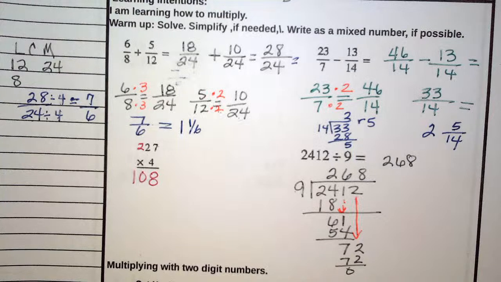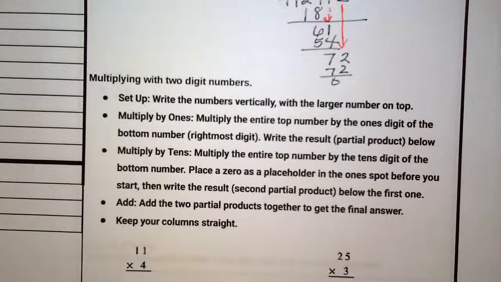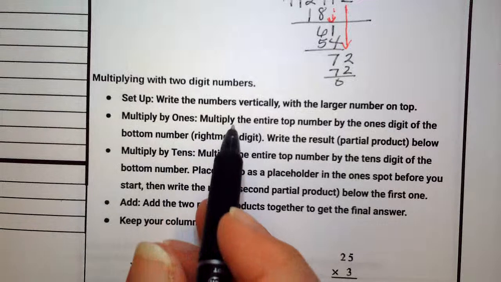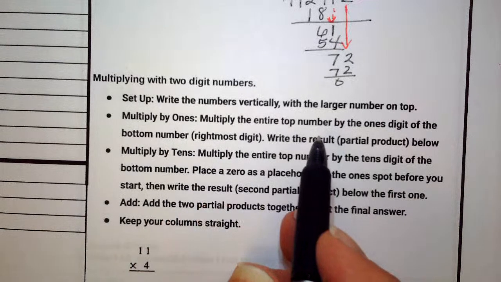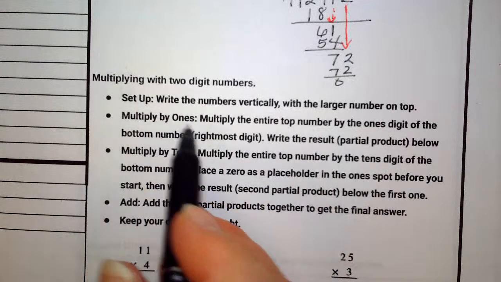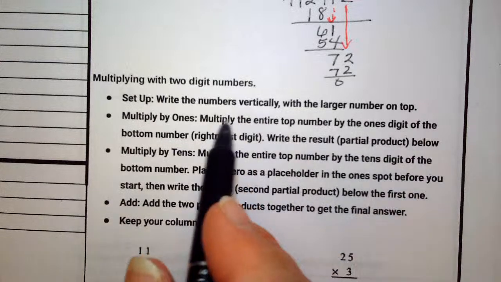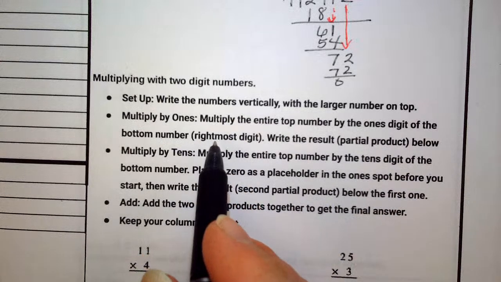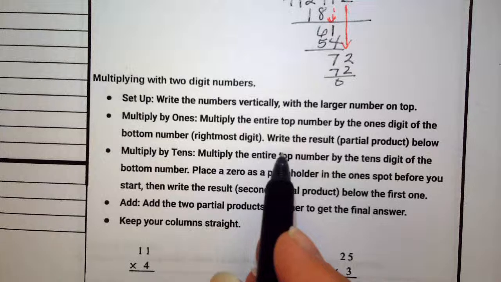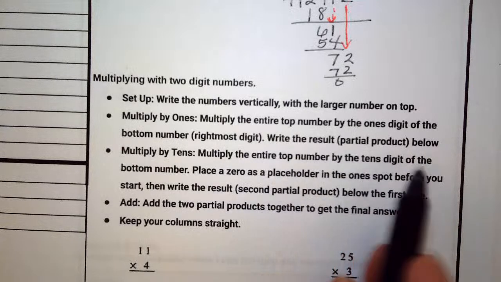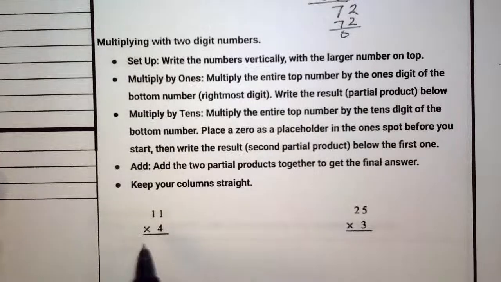Any questions? When you get ready to multiply with 2 digits, set the numbers up vertically with the larger number on top. Multiply by ones. Multiply the entire top row by the ones digit of the bottom row, the rightmost digit. Write the result, or the partial product, below the line.